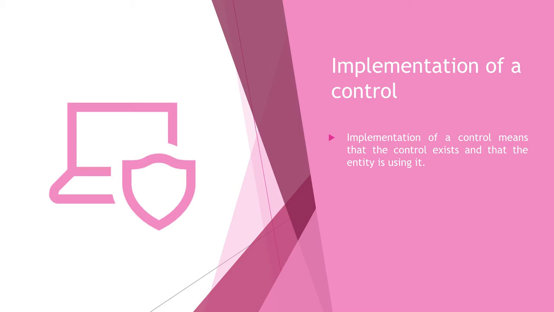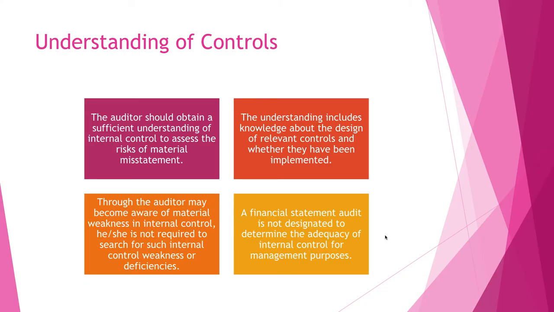You would also have to observe them actually implementing the control. Okay, the entity is actually using it. So again, it's part of the understanding of the control. The auditor should obtain a sufficient understanding of internal control to assess the risks of material misstatements.